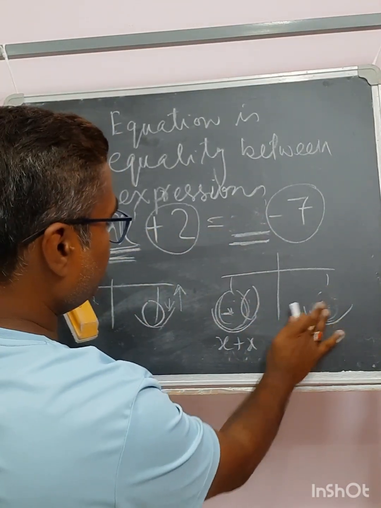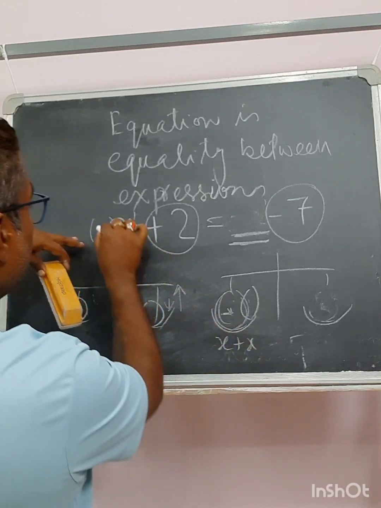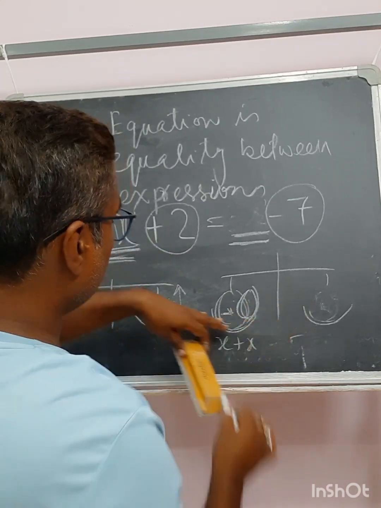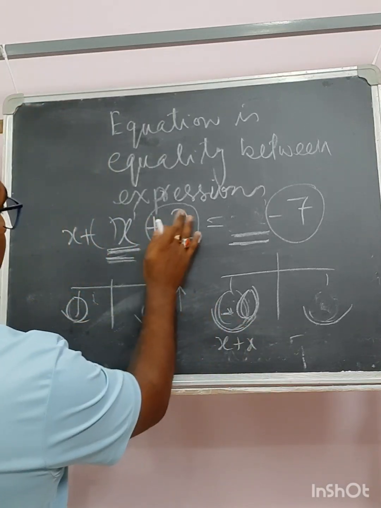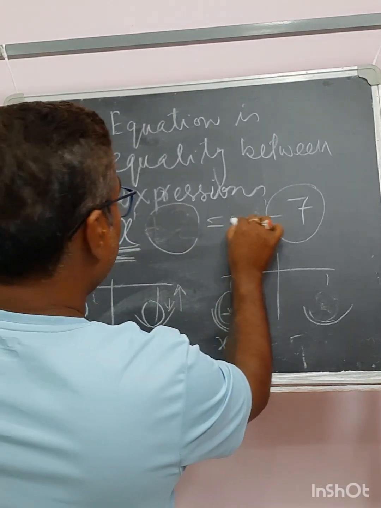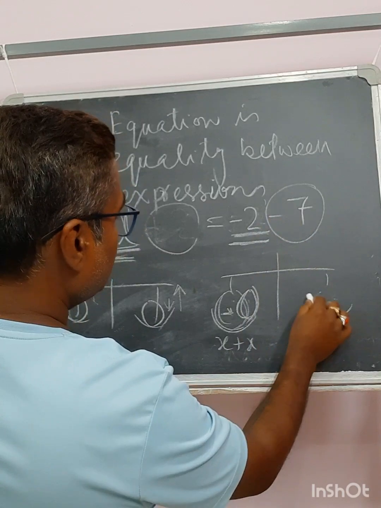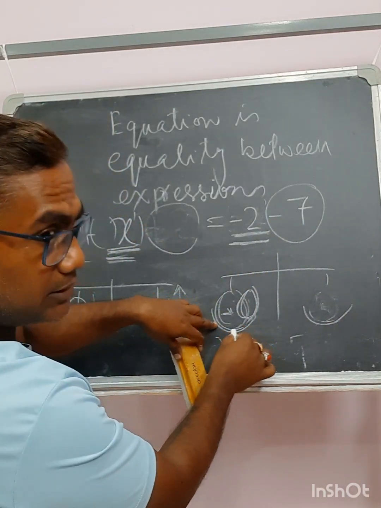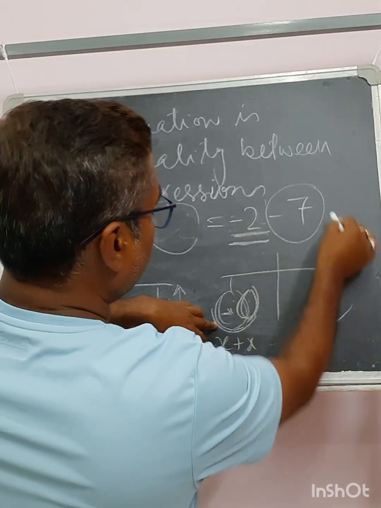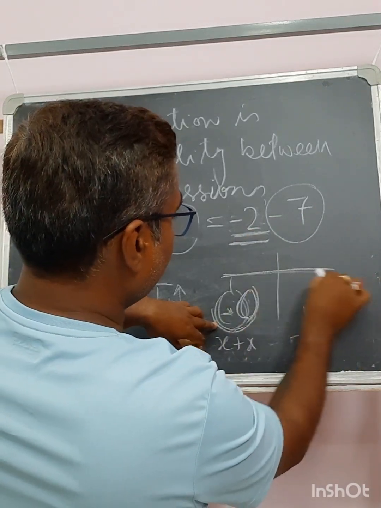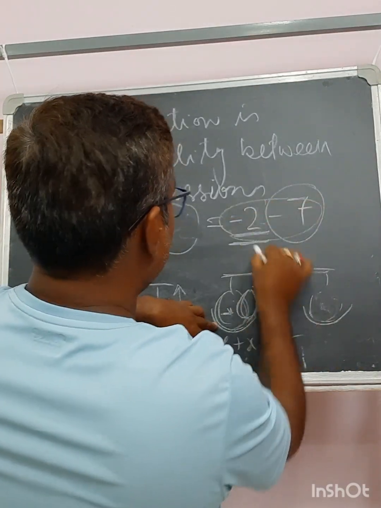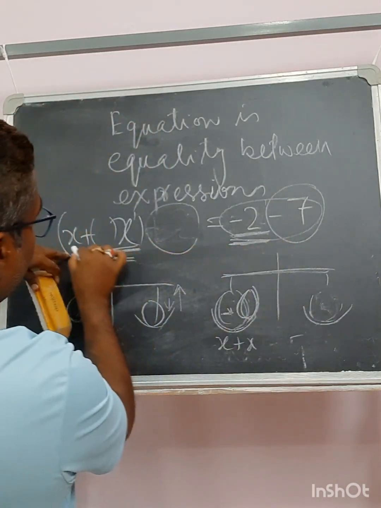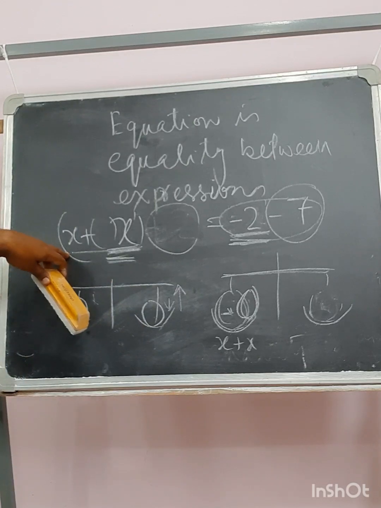If I remove it, it will be equilibrium. Then again I put back 2 on this. So there will be 2 coconuts, and in that case if I bring it to this side, the variables are on one side, and I can put anything to make equilibrium. If, let's say, this together gives the equal value, then this way I can find the value of x.